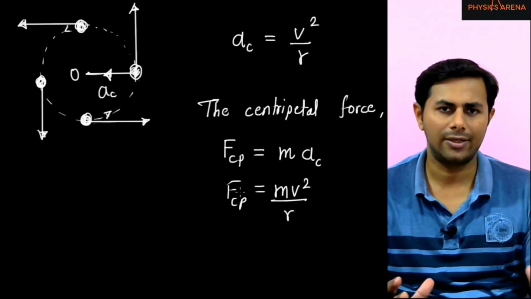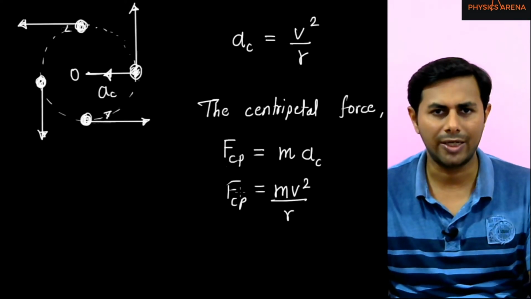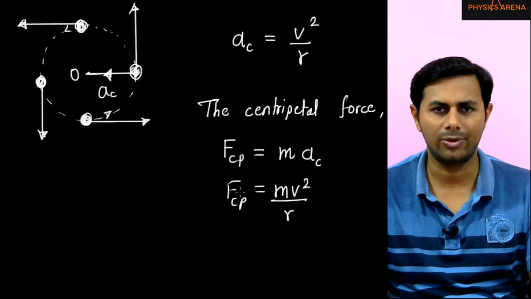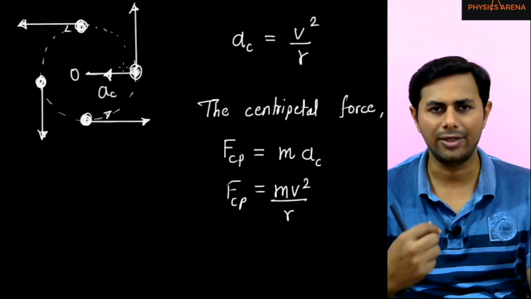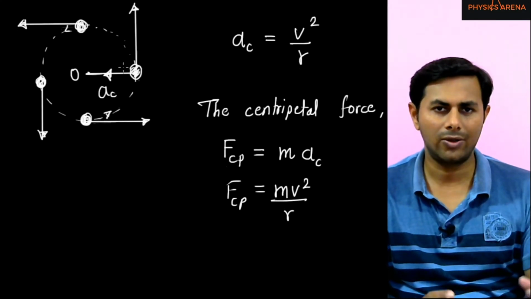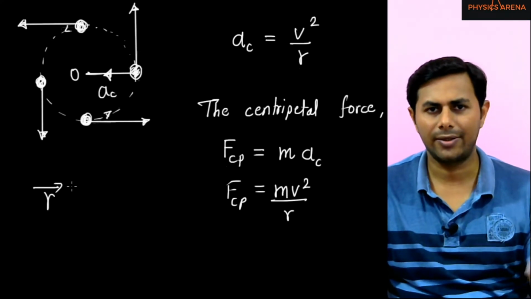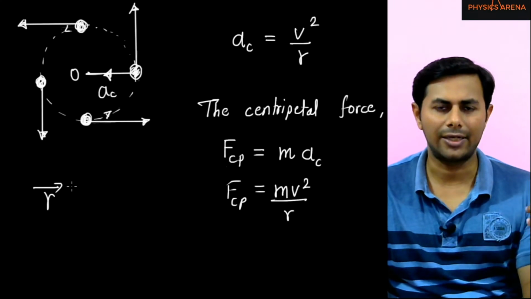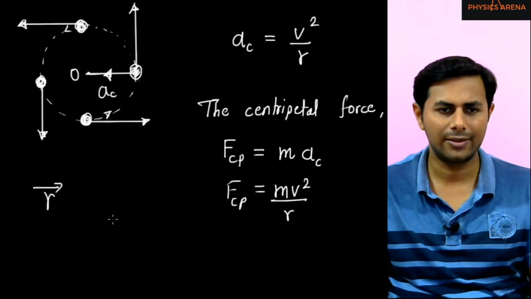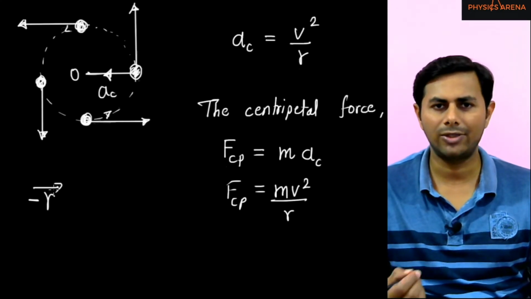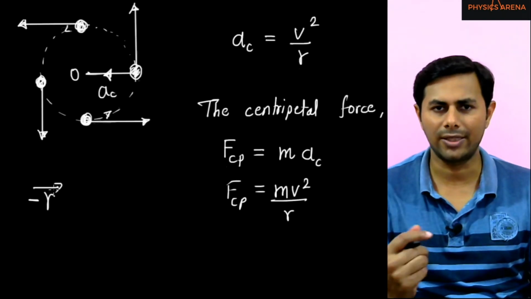Now we can represent the centripetal force in vector form too. For that we need a unit vector directed along the centripetal force. The centripetal force is directed along the radius and toward the center of the circle. Now recall the radius vector r bar is directed towards the position of the particle starting from the center of the circle. So we want a vector just opposite to that. If we take minus of r bar, we get a vector which is directed along the radius but towards the center.